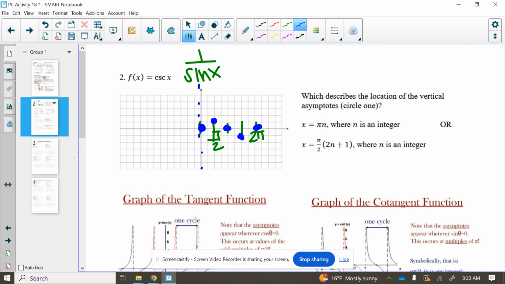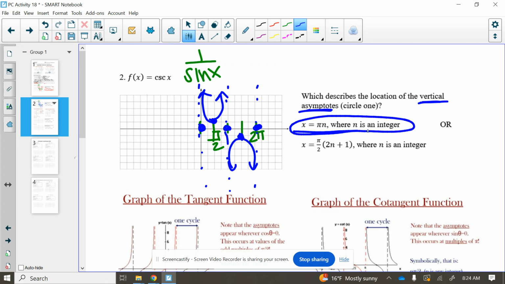And again, anywhere we touch the midline, so at 0, pi, 2 pi, we see vertical asymptotes. And then at that max and that min, we see our U-shape parabolas going away. So this time for our vertical asymptotes, again, they're going through 0, pi, 2 pi, aka x equals pi times n would be the location of those vertical asymptotes.